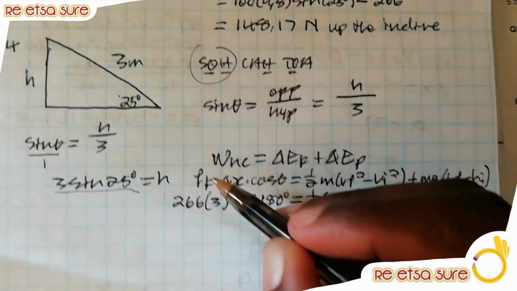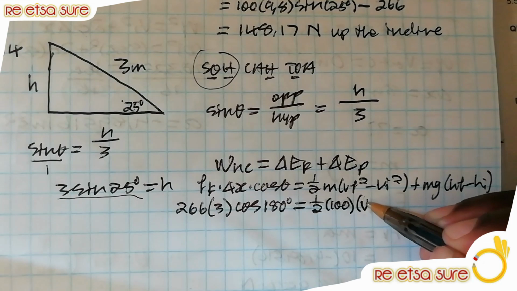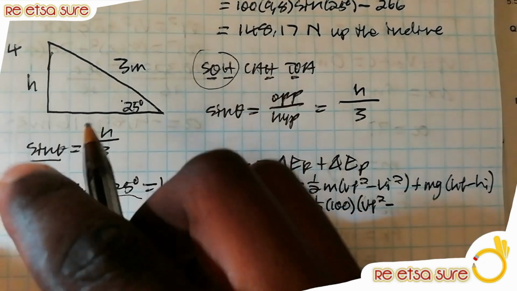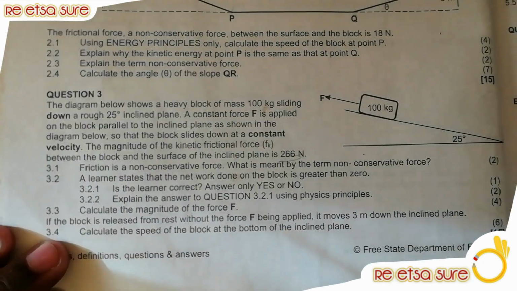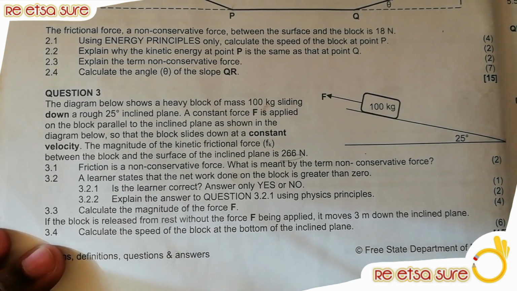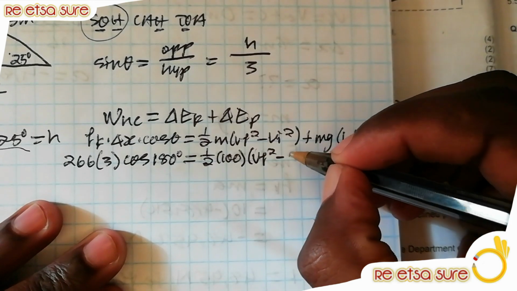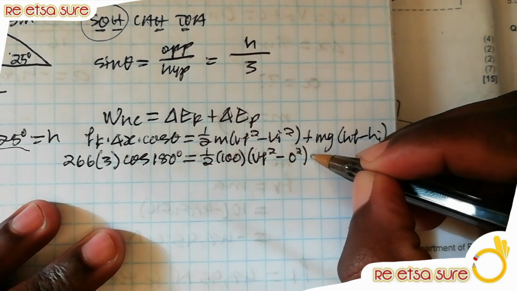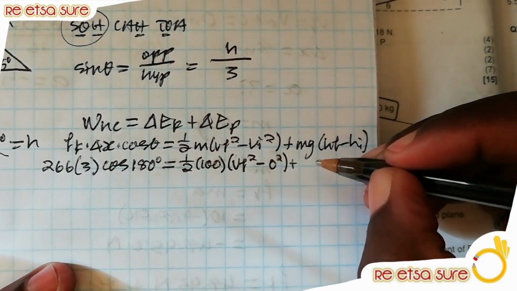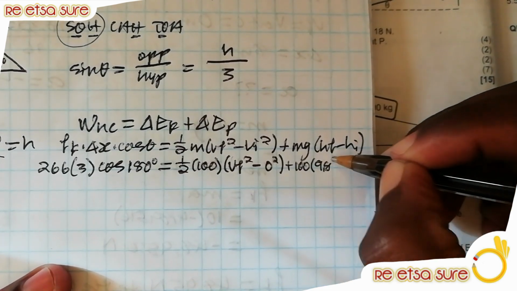Now v final is the final velocity of our object when it reaches the ground, so we are looking for that. Now they said if the block is released from rest, meaning it was stationary, so v initial is 0 plus the mass of our object is 100 into 9,8.